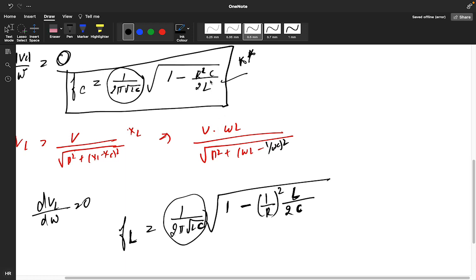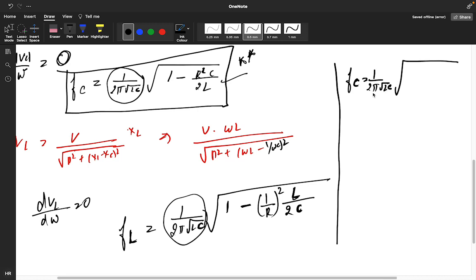So 1 minus R square C divided by 2L. Write it: fC is 1 by 2 pi root under LC, and under the root again you have to write 1 minus R square C divided by 2L.